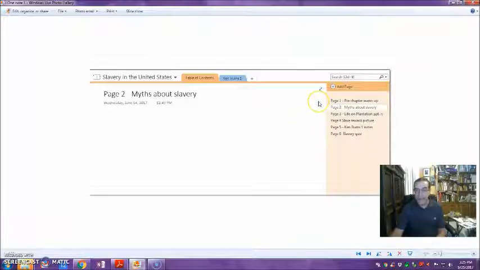It also has a daily agenda, so new pages will be added to the OneNote, and access to materials will also be provided on the OneNote. This gives them a list of pages for the week, for the chapter, for the unit.